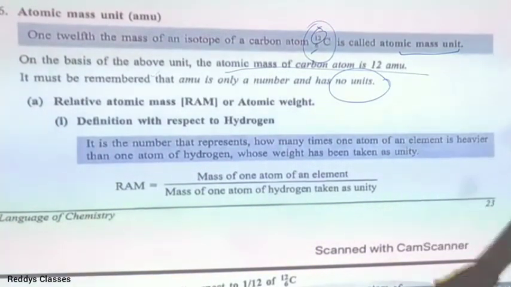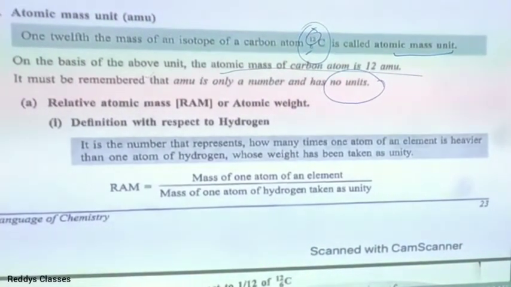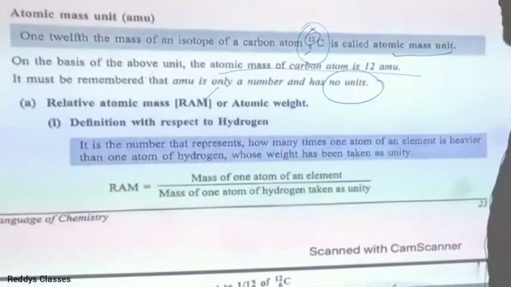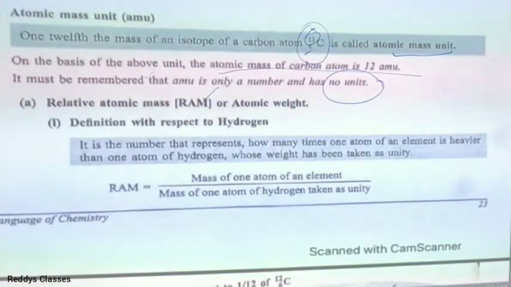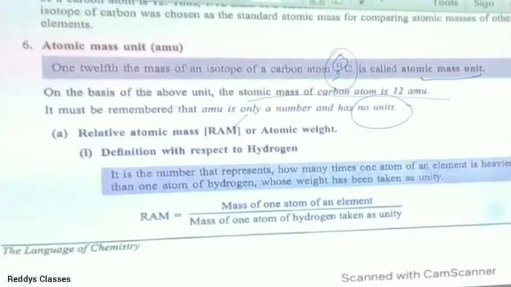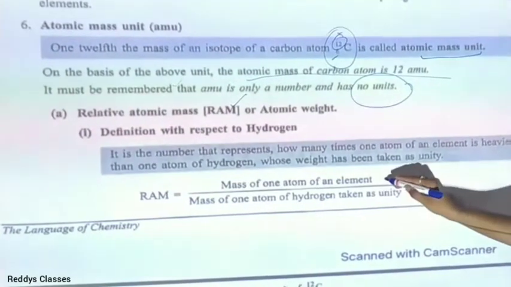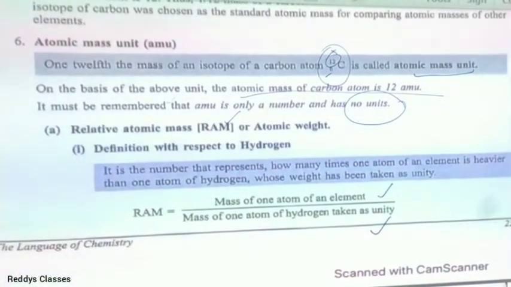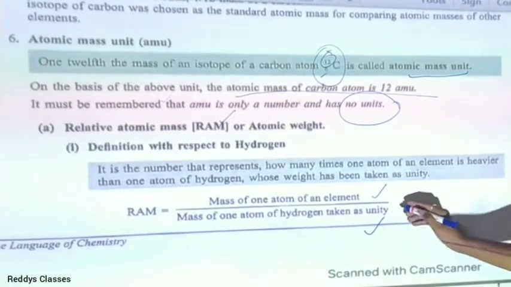So the next term is relative atomic mass, known as RAM, or atomic weight. The definition with respect to hydrogen is: it is a number that represents how many times one atom of an element is heavier than one atom of hydrogen, whose weight has been taken as unity.